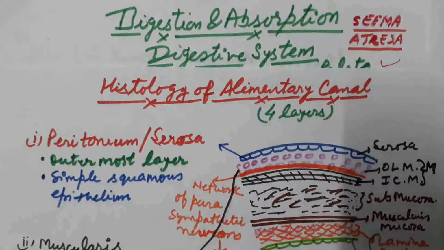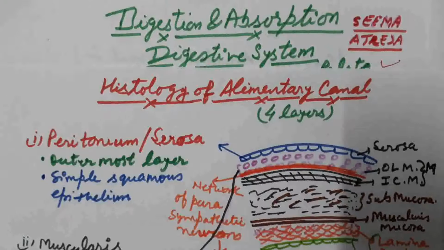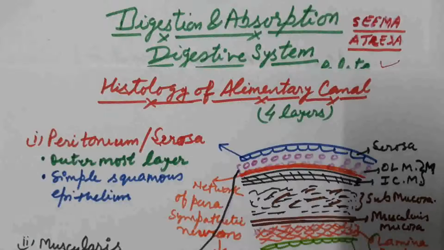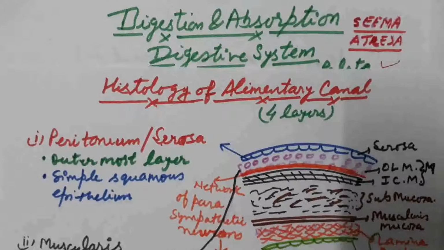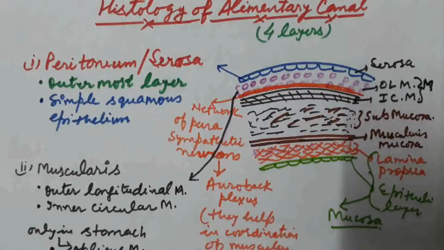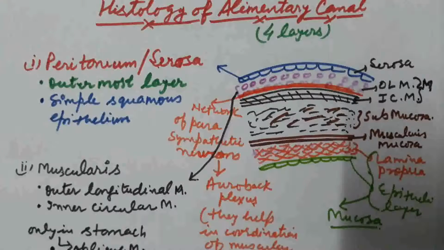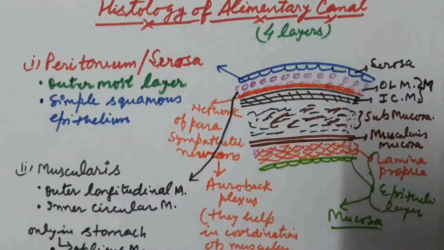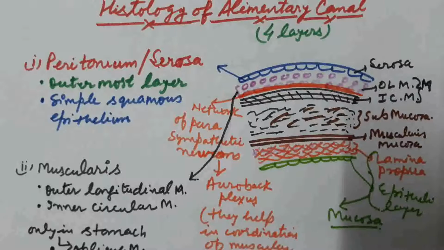There are 4 layers which constitute the wall of the alimentary canal. We will discuss these 4 layers one by one in this video. First layer is known as the peritoneum or serosa layer, which forms the outermost layer of the alimentary canal, and it is made up of simple squamous epithelial layer.